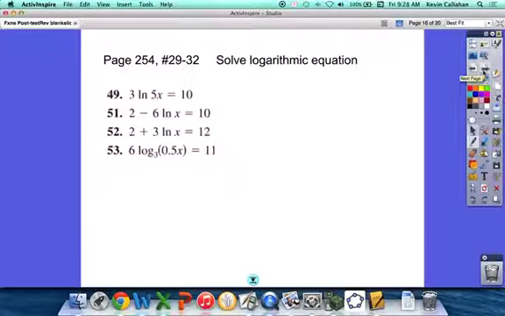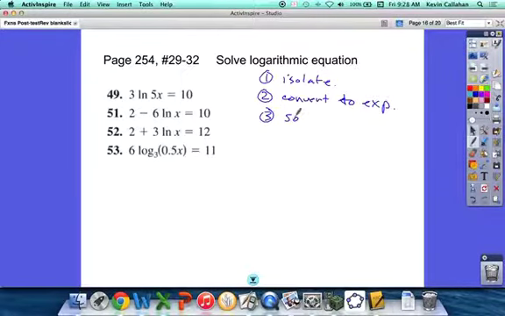All right. Solve a logarithmic equation. Remember, the steps for solving a logarithmic equation were: isolate, convert to an exponential, solve.